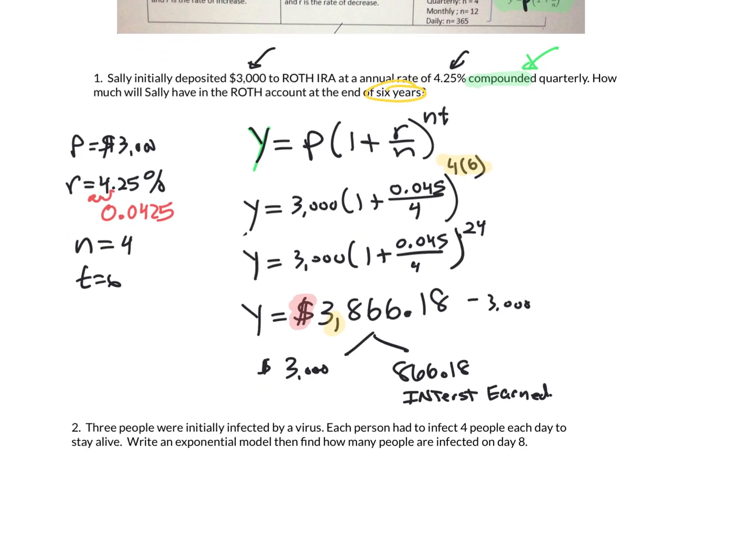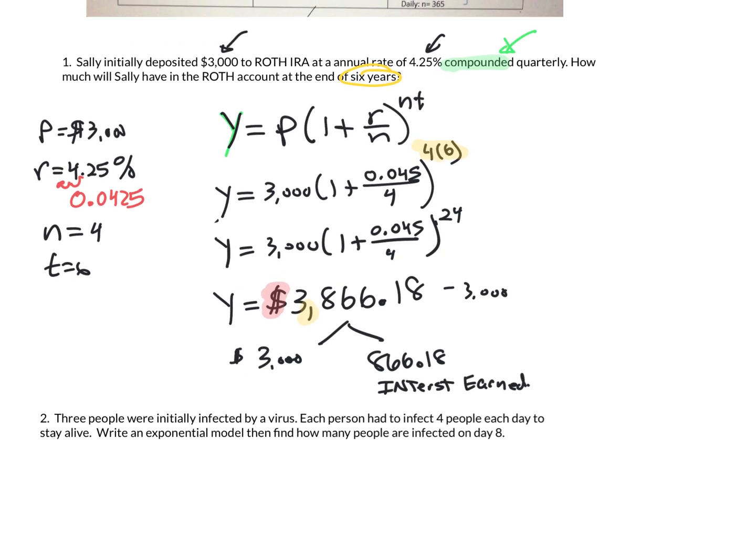Now, what's important is that some kids will round and they'll do what's inside, right? So they'll do this part. And if you do that part in green on your calculator, you get this really, really long decimal.